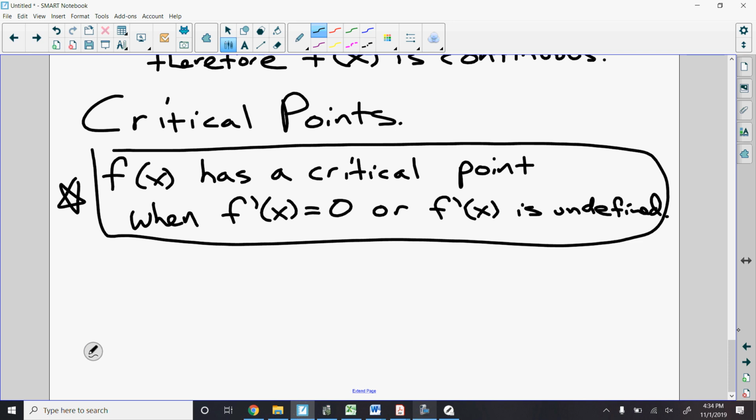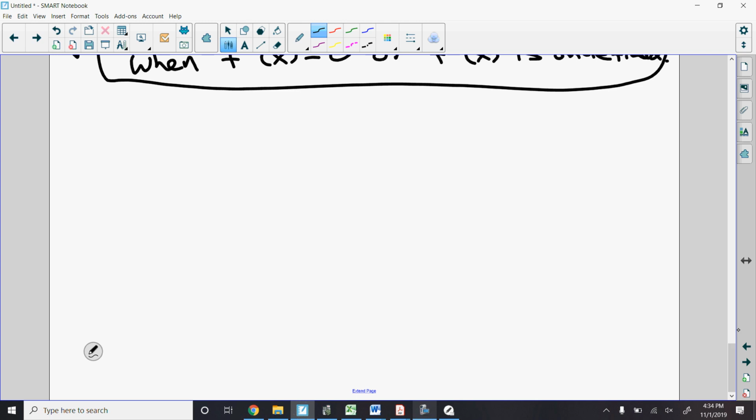Now this ties in nicely to differentiability because we just talked about f prime of x being undefined, places where we can't find the derivative. So let's take a look at a graph here. This is a graph of f.